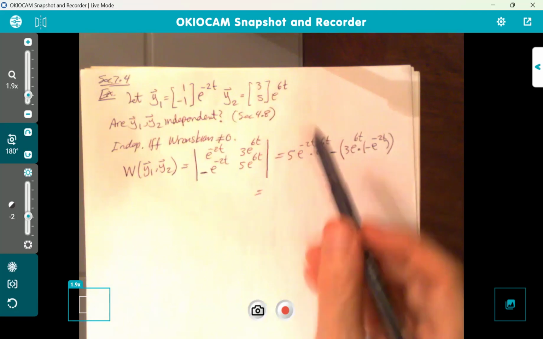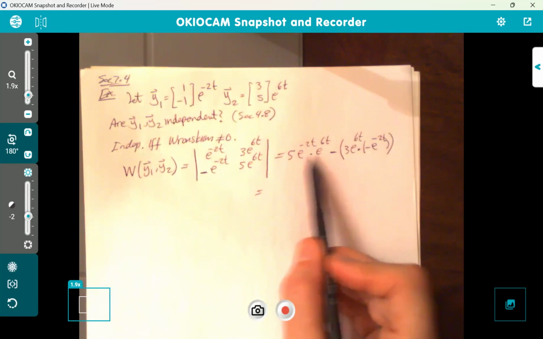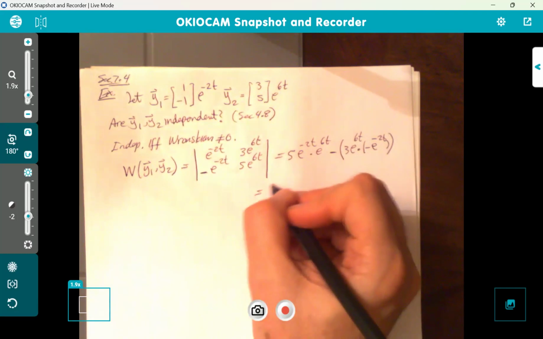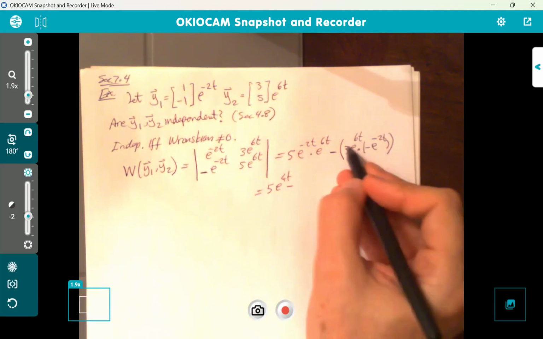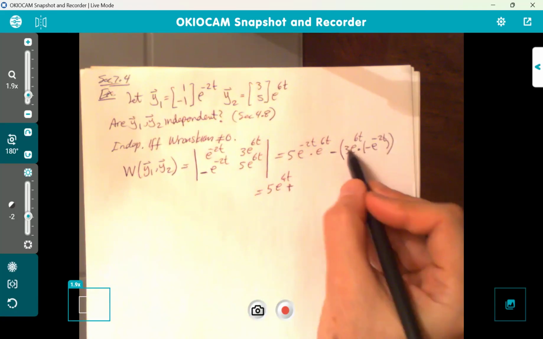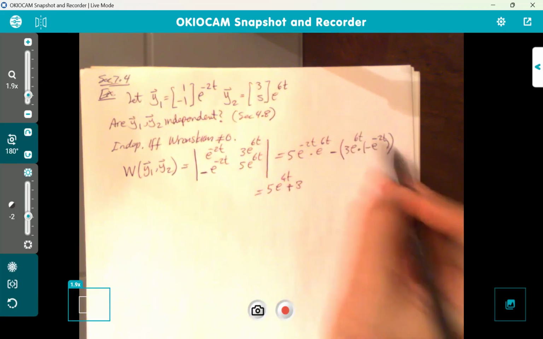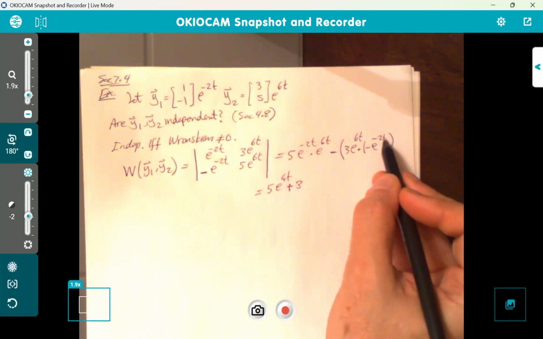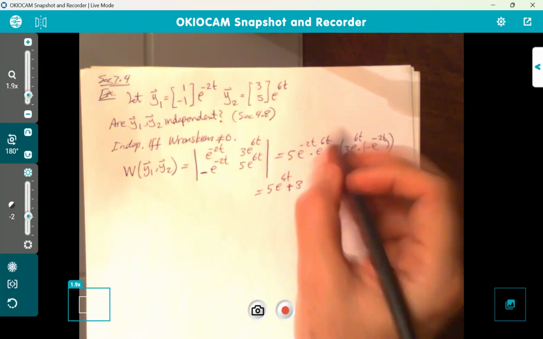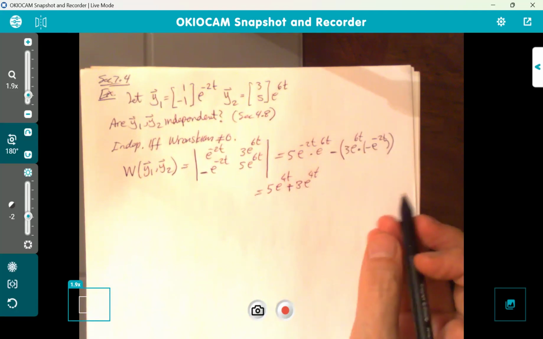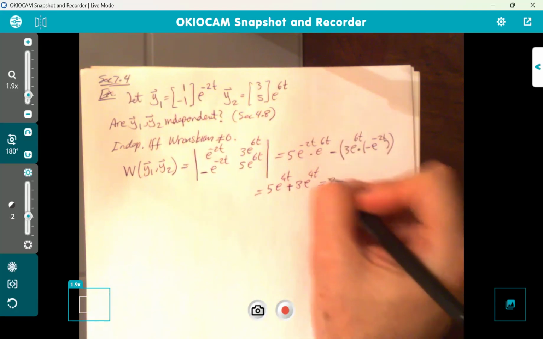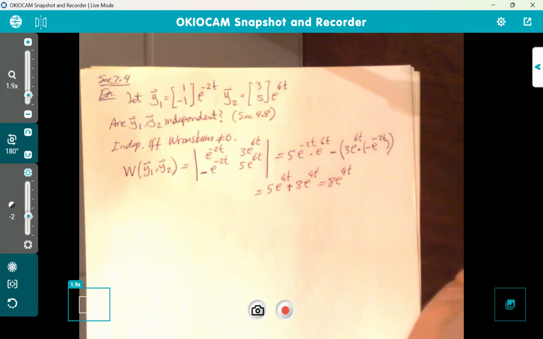Now, multiplying two exponents with a common base, we add the exponents. So I get 5e to 4t minus negative, which is positive, 3e to 6t times e to negative 2t, those combine to e to 4t. And now we have a pair of like terms, so this is going to be 8e to 4t.